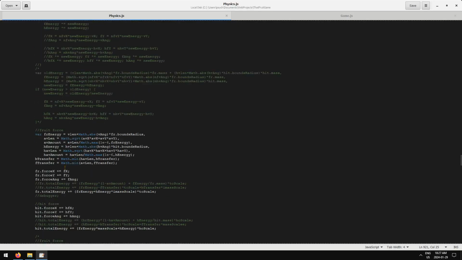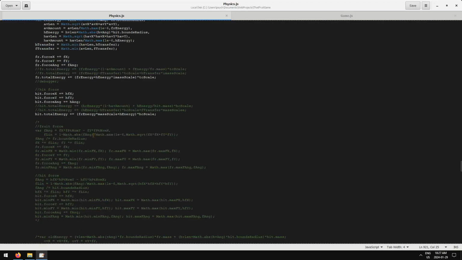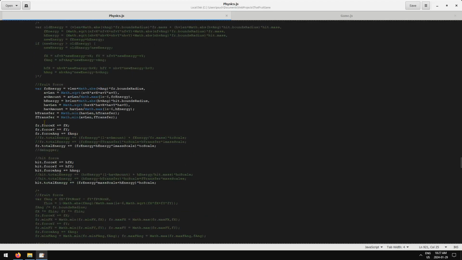But because it's no longer conserved here, the way I do the energy conservation is you calculate the final resulting velocity after the forces are applied and scale it up after that. But if we applied these forces and scaled it up before, there's other objects that could be colliding with these same objects and applying forces. So just conserving the energy here and scaling it up isn't completely right.